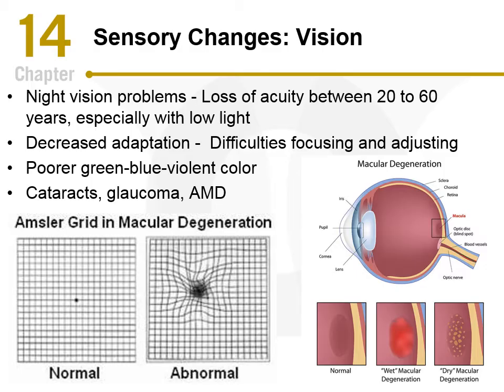Not only that, as you see, we begin to develop a difficulty with blue-green color variations. So when you're asked to pick something out like a green button, you may be seeing only black and white at this point, or shades of gray. So the red button and the green button look the same. It really is going to become an issue as we have more and more of our baby boomers getting older and they develop AMD.